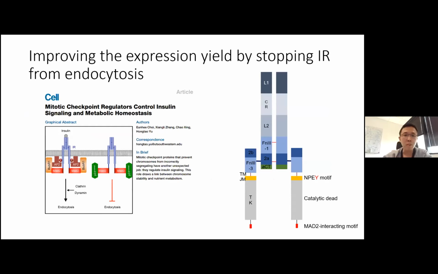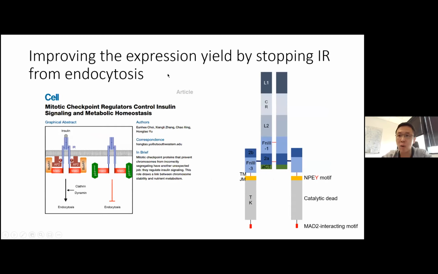As I mentioned, we want to study the full-length receptor, but it's quite challenging to purify, mostly because the yield is always relatively low, making it hard to have enough protein for structure study.